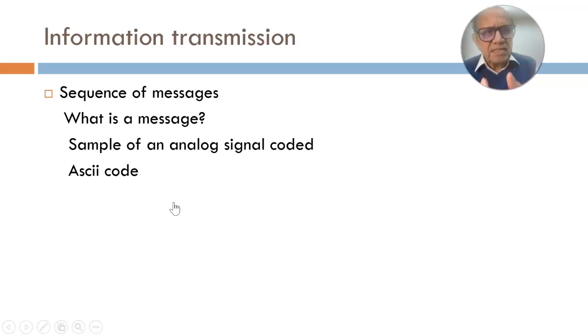So each group of these binary digits will be a message. Or it could be an ASCII code, or it could be some other code. Alright. So what we have said is how the digital communication system sends the information. It sends as a sequence of messages, and we have said what is a message.